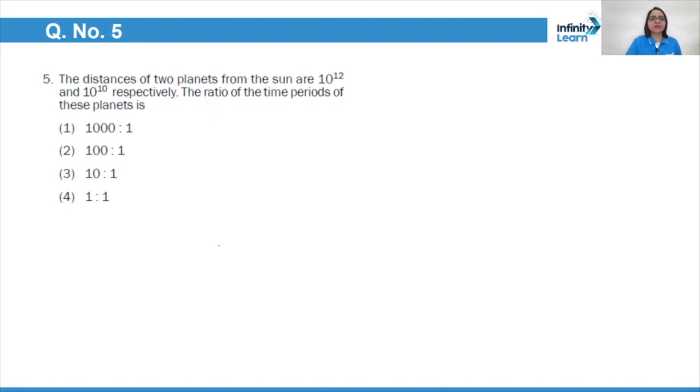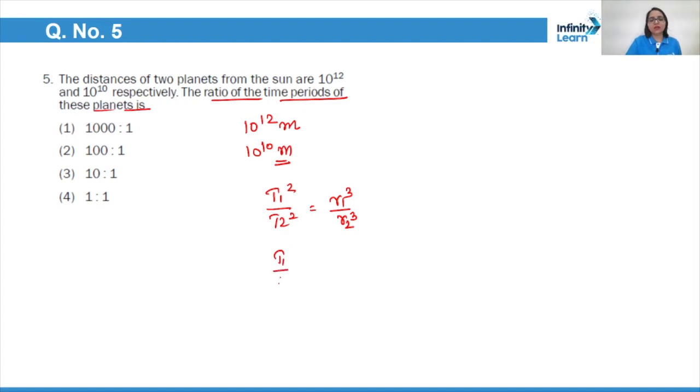Question number 5. The distances of two planets from the sun are 10 power 12 meter and 10 power 10 meter respectively. The ratio of the time periods of the planets is. So you can apply Kepler's law of time period. So T1 square upon T2 square is equal to R1 cube upon R2 cube, right? So T1 upon T2 whole square can be written as R1 upon R2 whole cube.